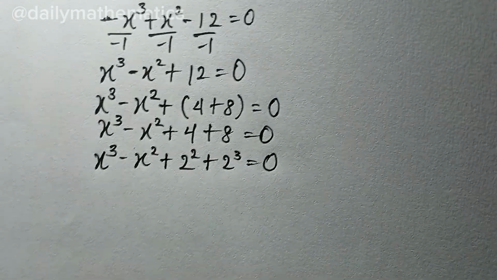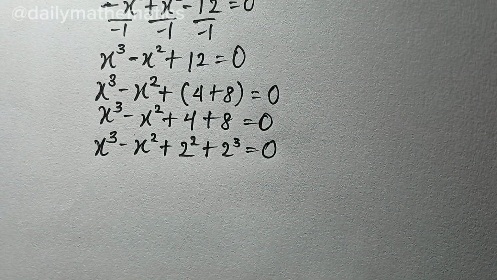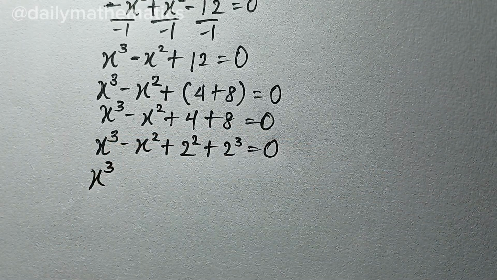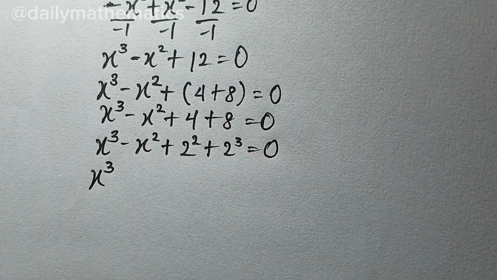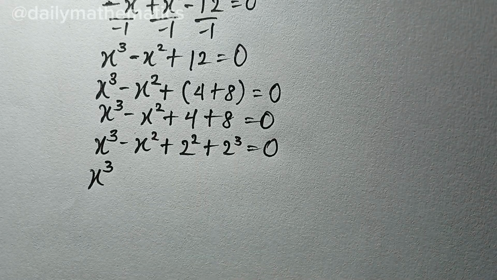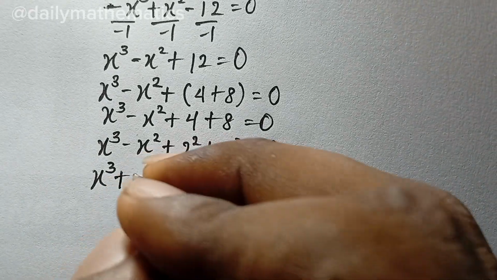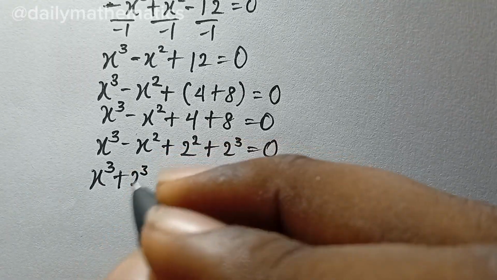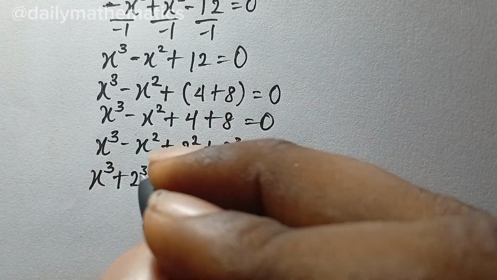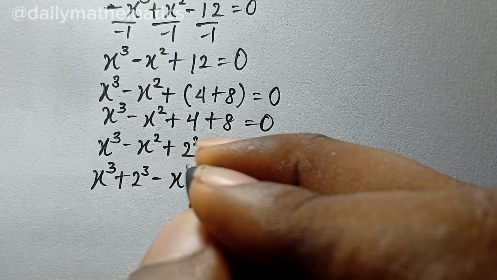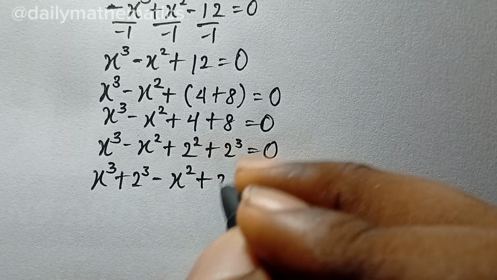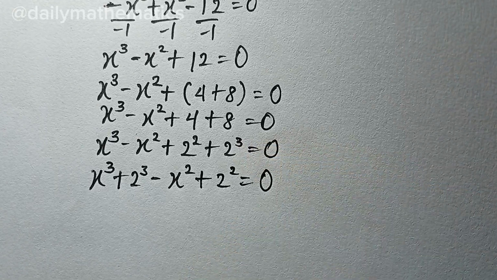And then from here we can see that we have cube here, squared here, squared here. So we can now bring it together. We can have x cubed plus 2 cubed, and then we can have minus x squared, and then we have plus 2 squared equals 0.